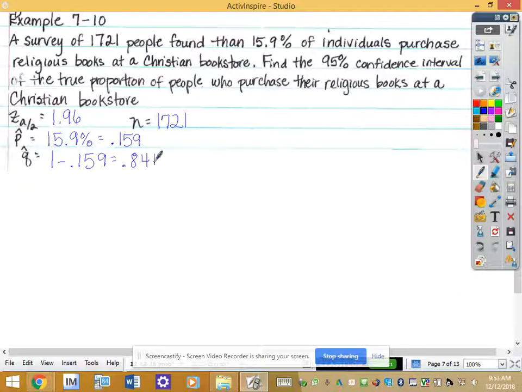Filling in my formula again. Remember, you have to do both sides, both the plus and the minus. Don't forget about that.